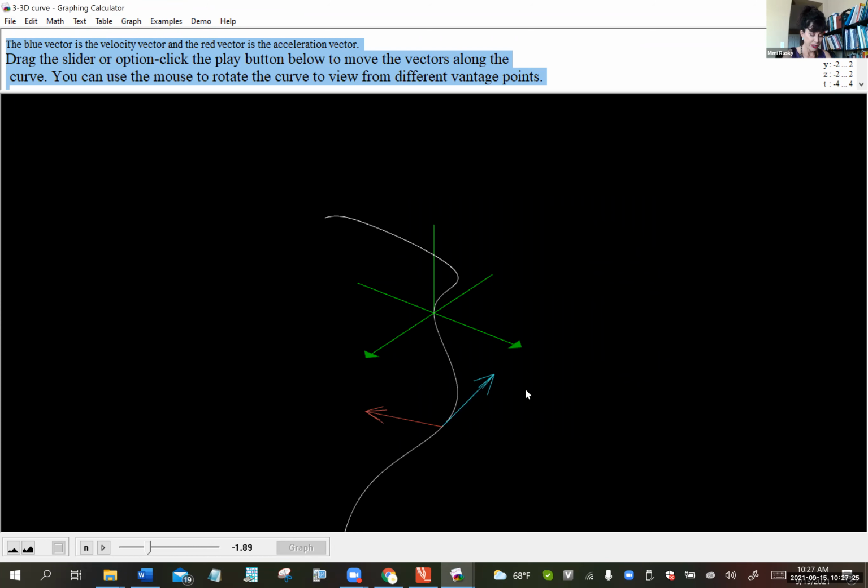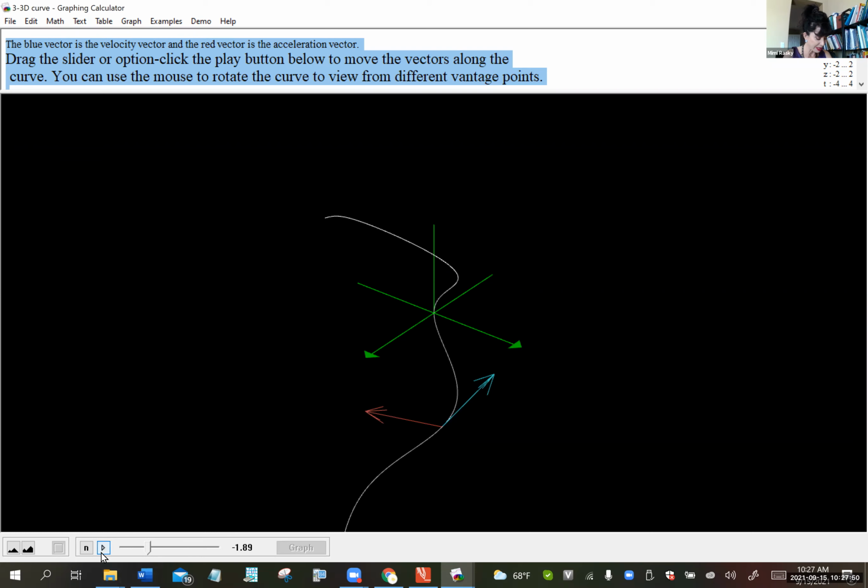And you see 2 vectors there at the curve. One of them's tangent and the other one isn't. And it turns out that the one that's tangent represents the velocity vector, and the other one is the acceleration vector at that point. The acceleration vector is not tangent. It could be anything.